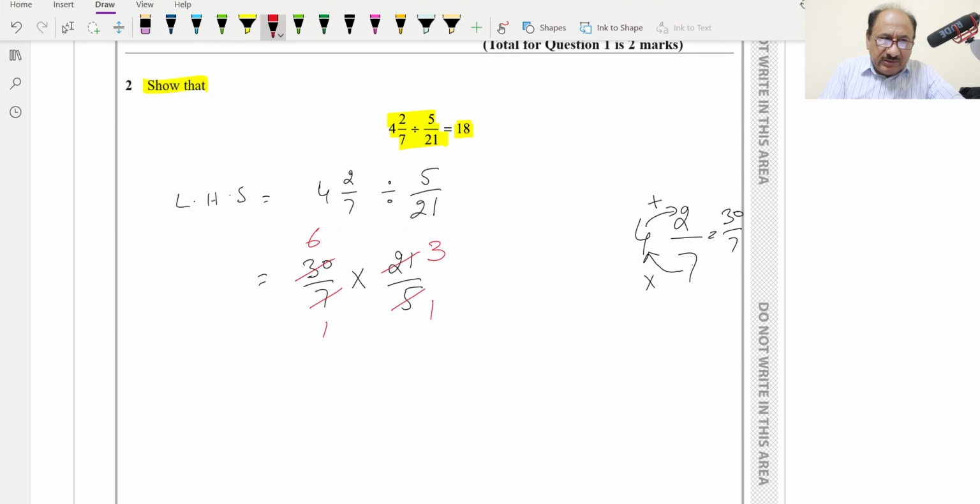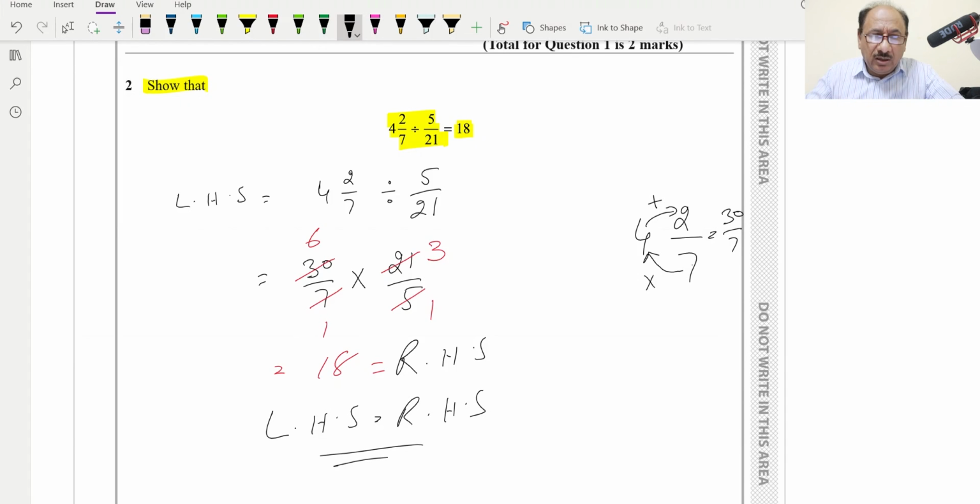So 6 multiplied by 3 will be equal to 18, which is equal to the right hand side, and we can write left hand side is equal to right hand side, and this will be our proof.